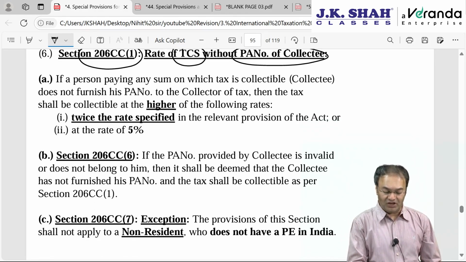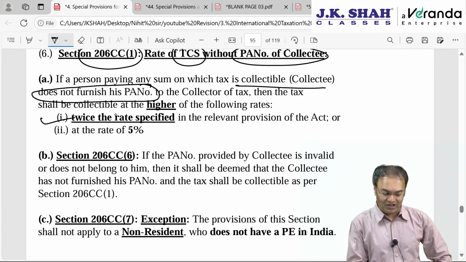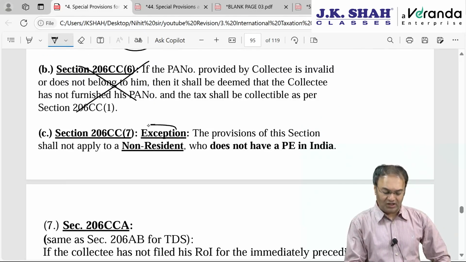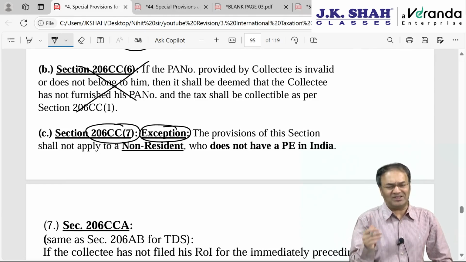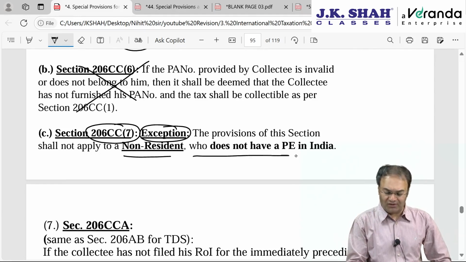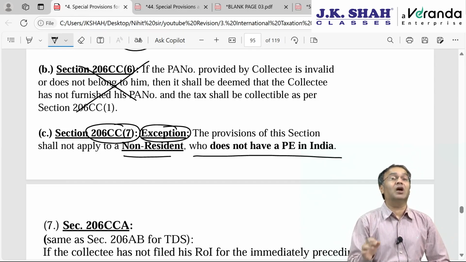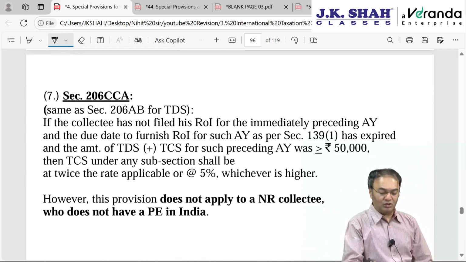Here, without PAN number, collectee does not furnish PAN number, then TCS will be at twice the rate applicable or 5%, whichever is higher. And then there are exception to 206CC, that same exception, non-resident. Non-resident not having PE in India will not be subjected to higher TCS or TCS at a higher rate just because he does not have PAN number.